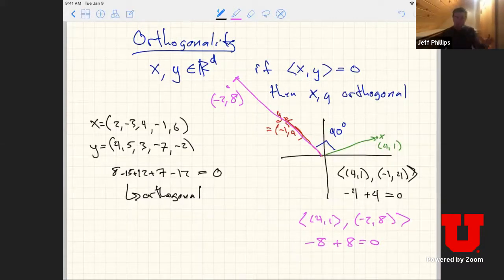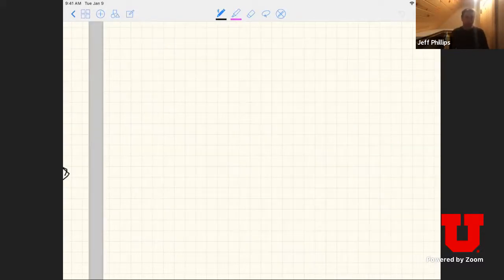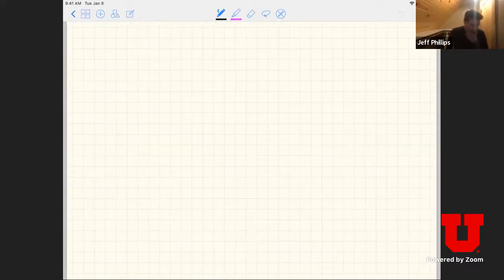So this is for vector orthogonality, but for matrices, I also want to say if a matrix is orthogonal. A matrix V, well, V is a common thing to use, n times d.